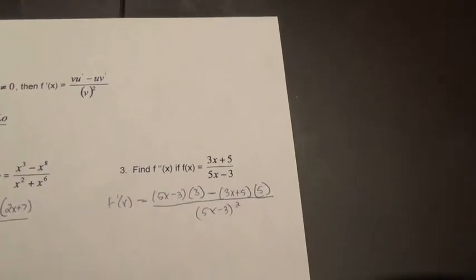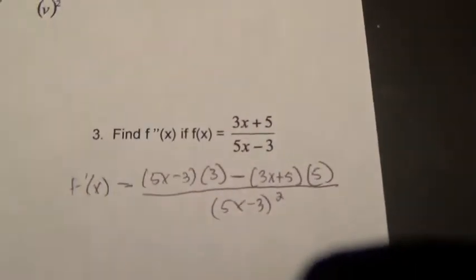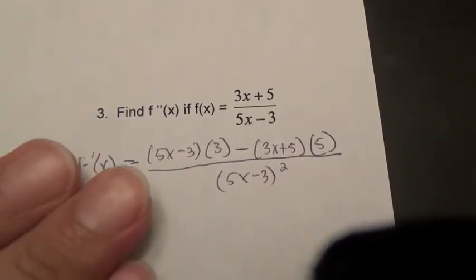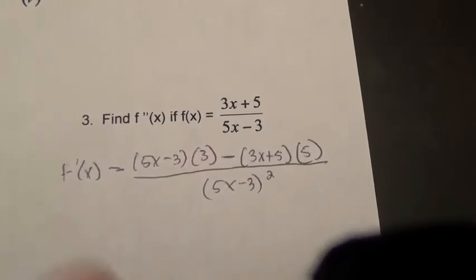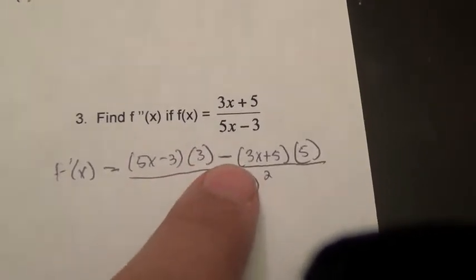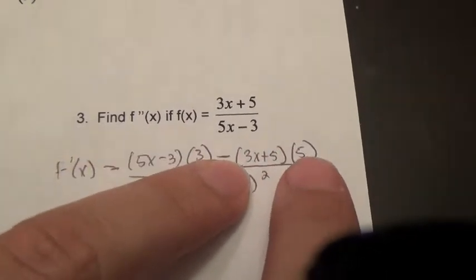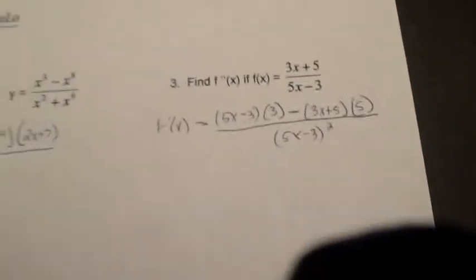Okay, so we're going to want to clean this up. As a general rule, whenever we start doing second derivatives, before you really get into your second derivative, you're going to want to make sure that the first derivative is completely simplified. So we're going to distribute the 3 here, take this negative and distribute it. The 5 also gets distributed, so it's like we have a negative 5 being distributed.